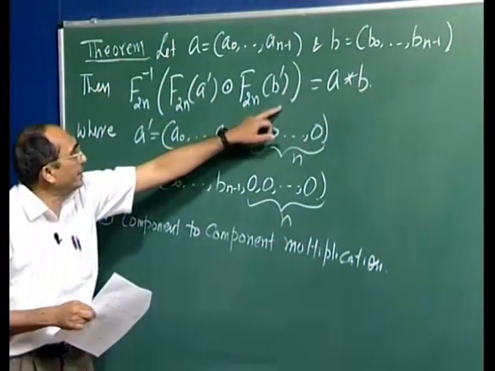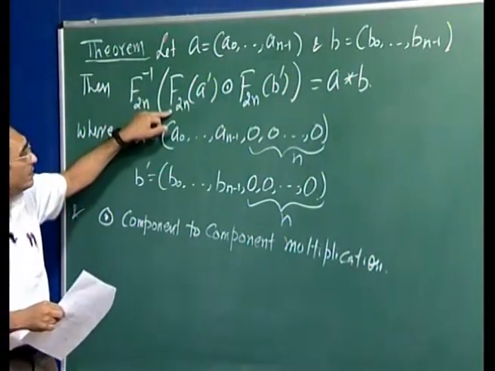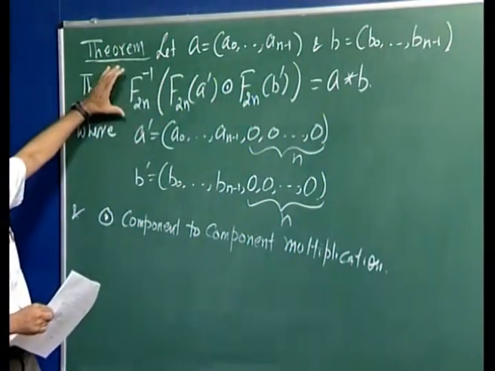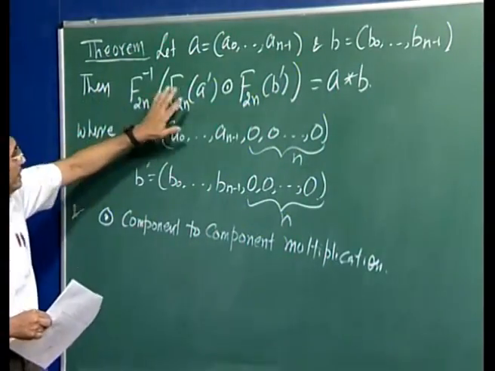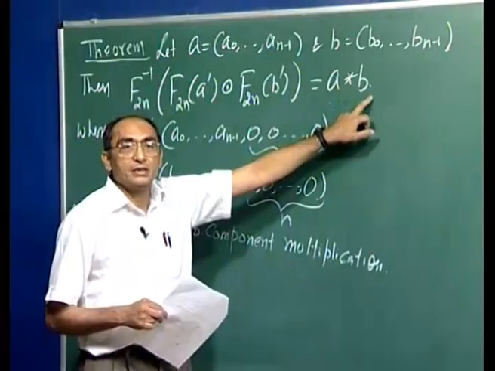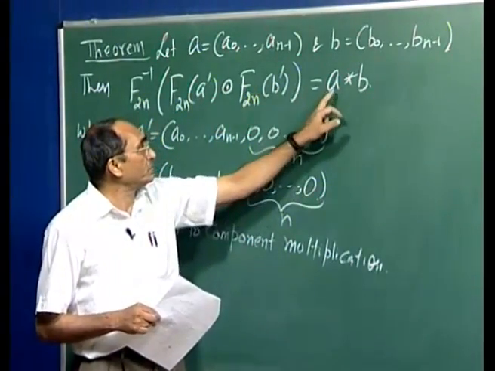Hence, this whole product will be a vector of size 2n, and therefore, we can compute the inverse Fourier transform of such an entity, and this whole thing we will show is nothing but the convolution of the two input vectors.